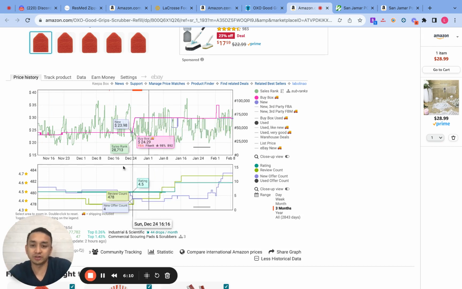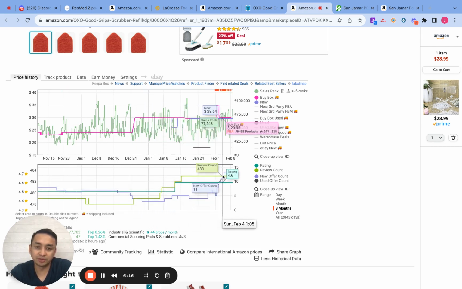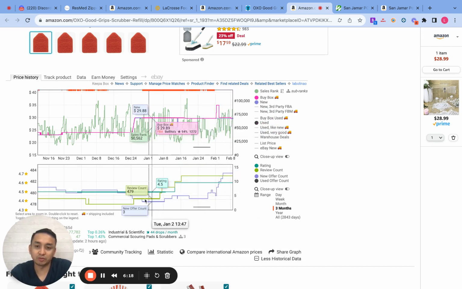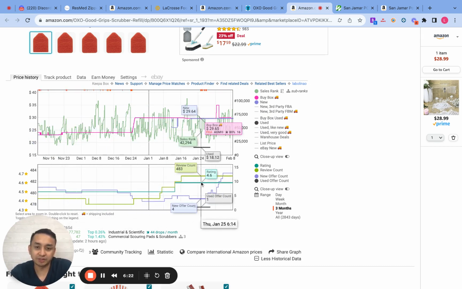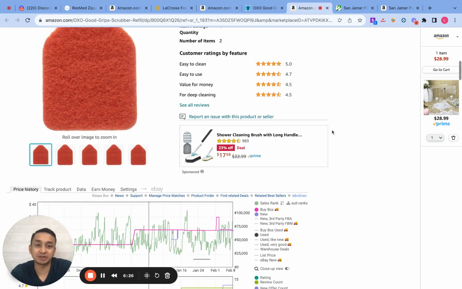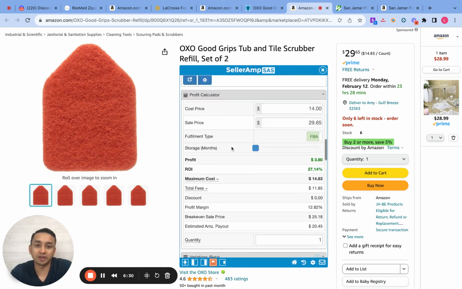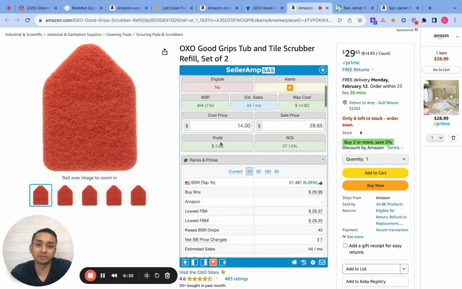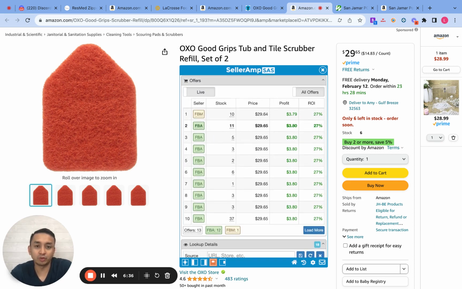The only concern here though is the seller count is trending up also, which means there's more and more sellers joining the listing, which makes this kind of risky because the sales per month is only giving you 44, with 13 sellers at the moment.